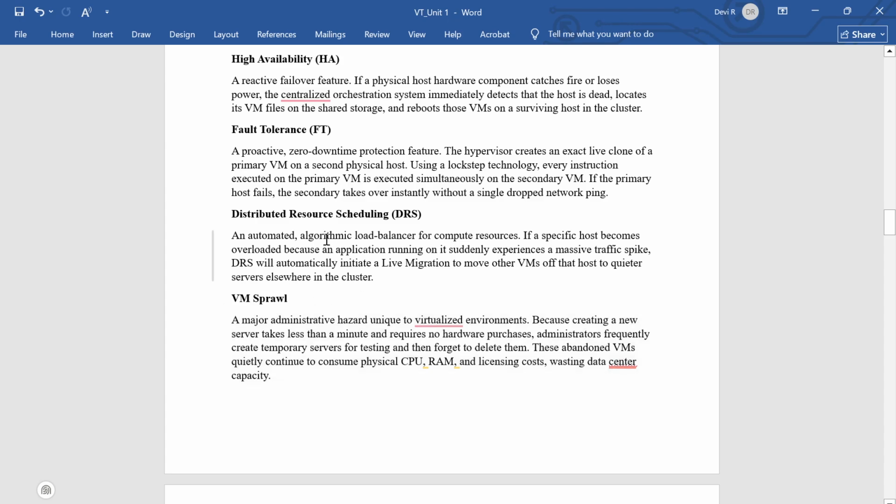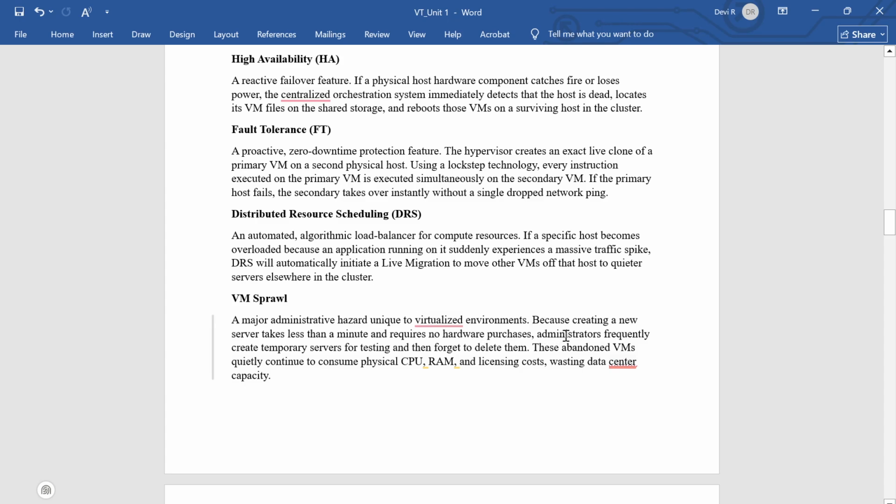And the last term, VM sprawl, right? This is very important, which is the disadvantage that is caused only in the virtualized environment. It is a major administrative hazard unique to virtualized environments because creating a new server takes less than a minute. But if you leave the VM unmonitored, that will lead to wastage of resources as well as wastage of data center capacity, right?